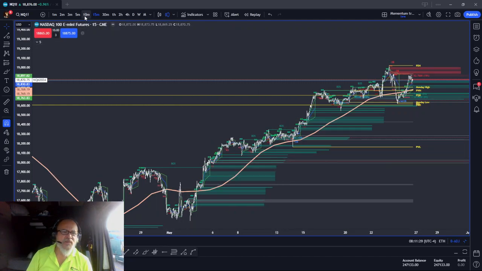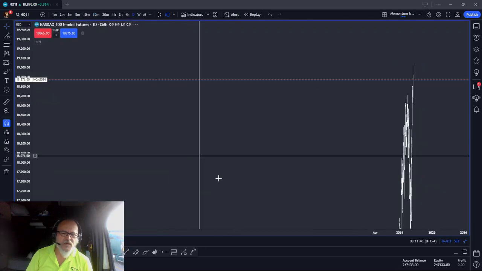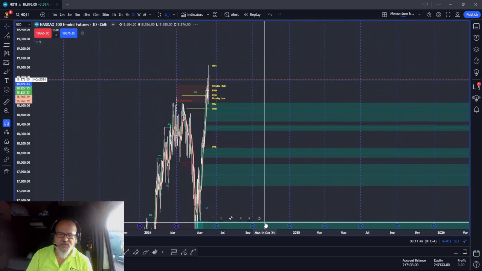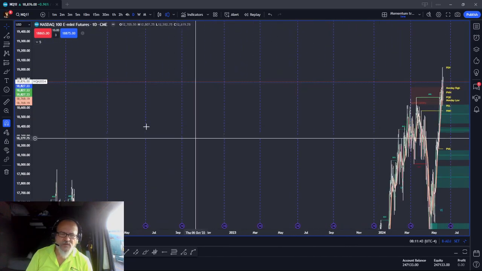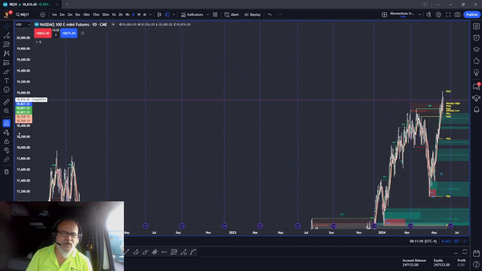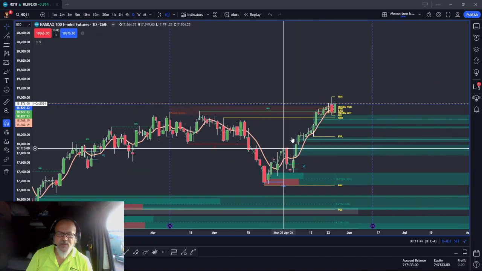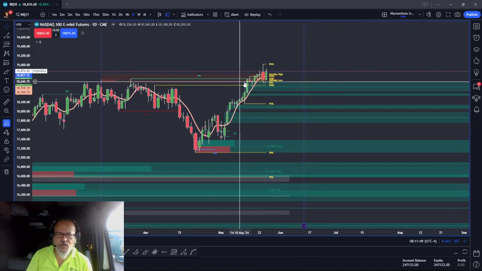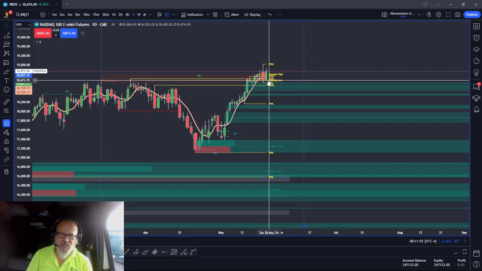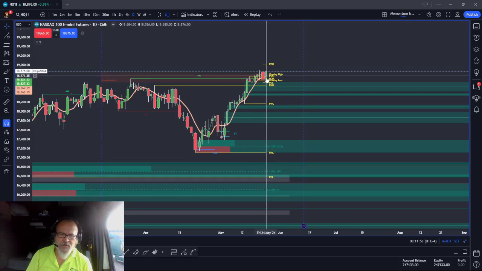On the NASDAQ. So let's move this back to the daily. I'm going to go back in and fix all of my indicators and everything and make sure they're all looking the same on all the charts. I would really call that a pullback to draw a fib on, especially since we had the bearish engulfing.